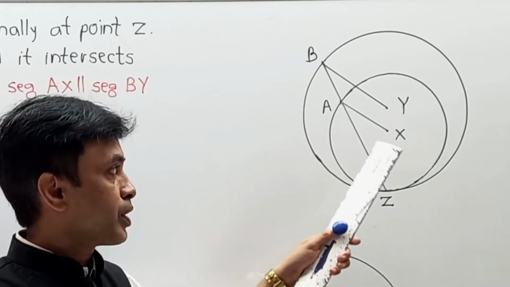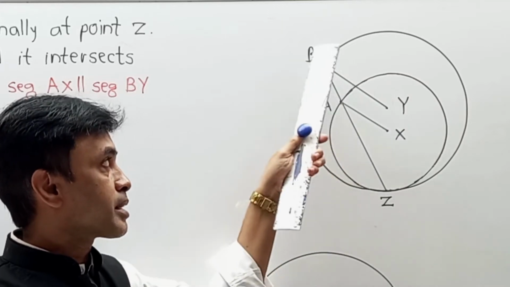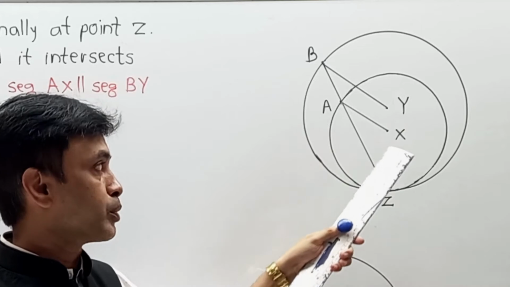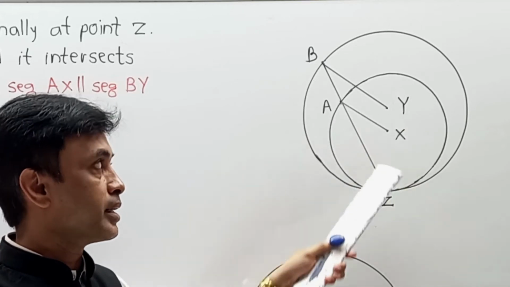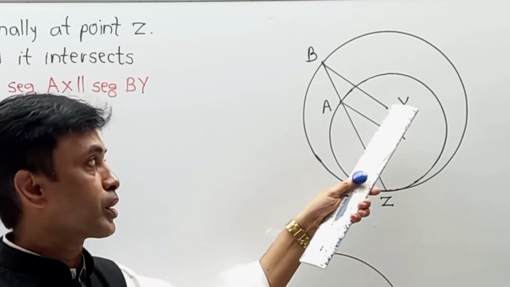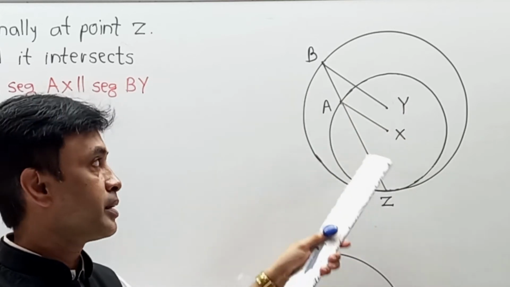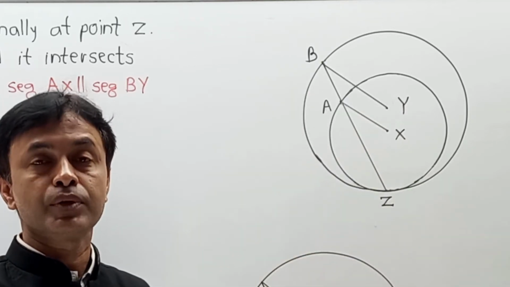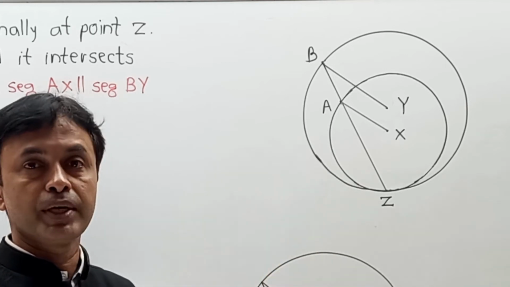Now if you want to prove that AX is parallel to BY, then you have to prove angle XAZ is congruent to YBZ, because these will become corresponding angles, and according to that you can prove it. But now how to complete the part?